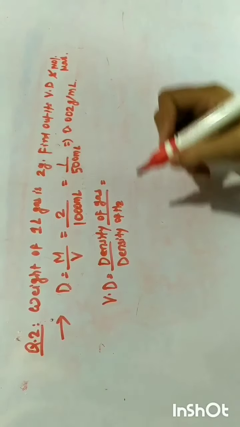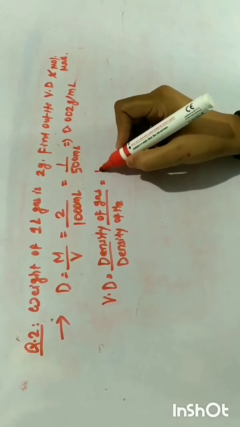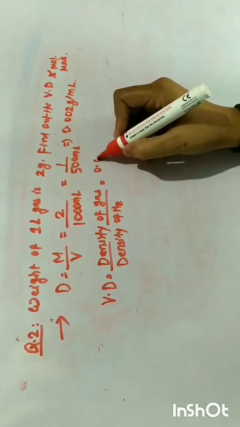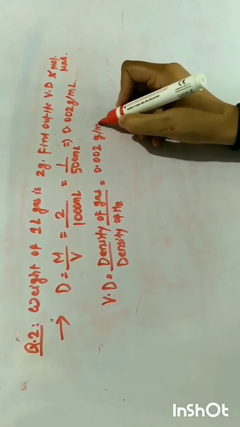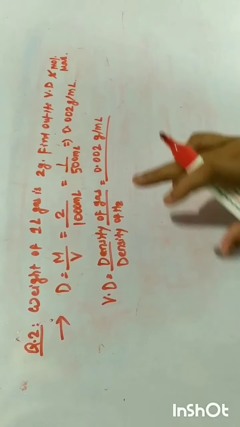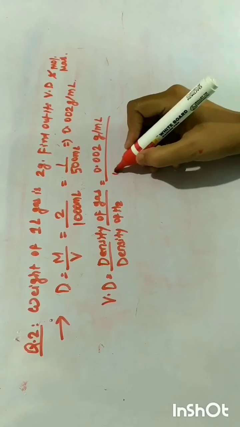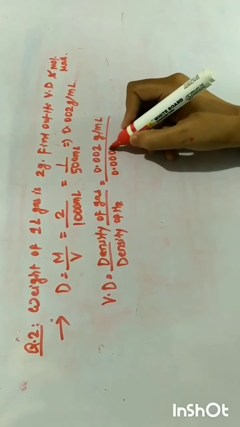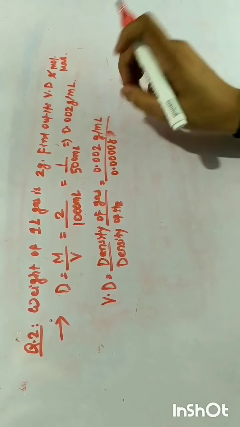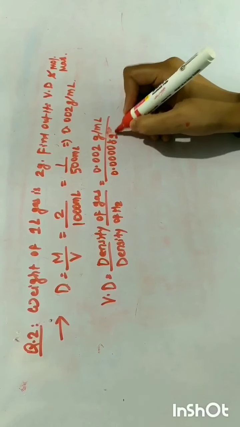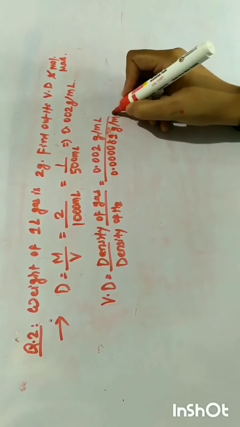Density of gas is 0.002 gram per ml, and we know from our previous question that the density of hydrogen is 0.00089 gram per ml.